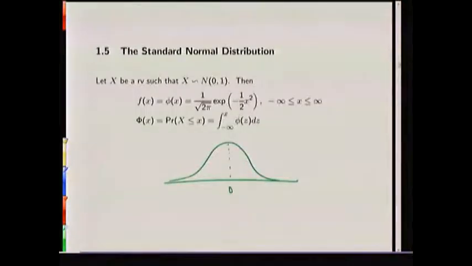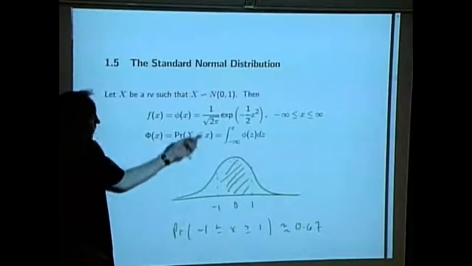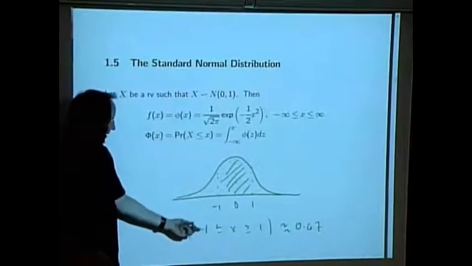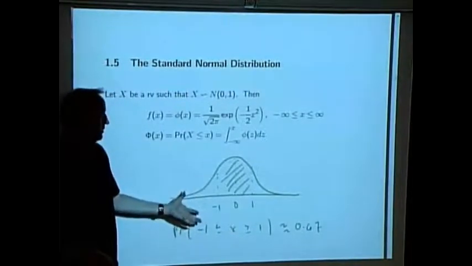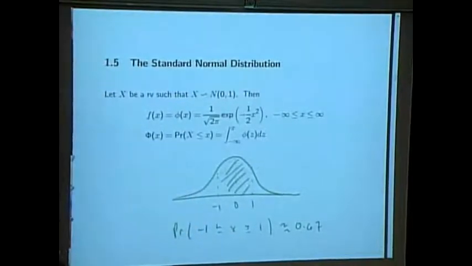It's centered at 0. And it has this property such that if you look at the area under the standard normal curve, the probability that minus 1 is less than or equal to x is less than 1. This is approximately 2/3. So for a standard normal random variable, the probability that x is between minus 1 and 1 is about 67%. Okay?